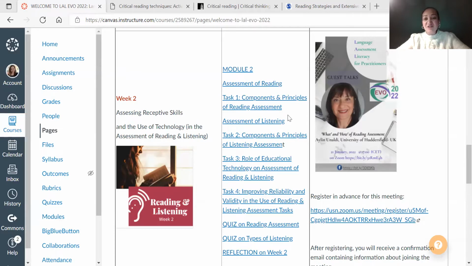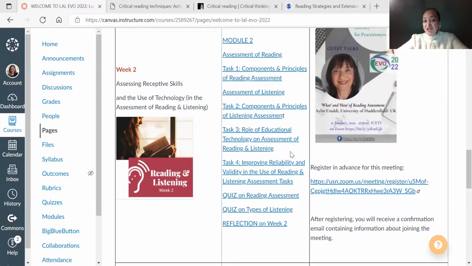If you haven't been able to go over these tasks, maybe after listening to Aylin's talk, it may give you some inspiration and more ideas to respond to task 1, which discusses components and principles of reading assessment. In task 2, we are asked about the principles in listening assessment. And then we discuss the role of educational technology in reading and listening.